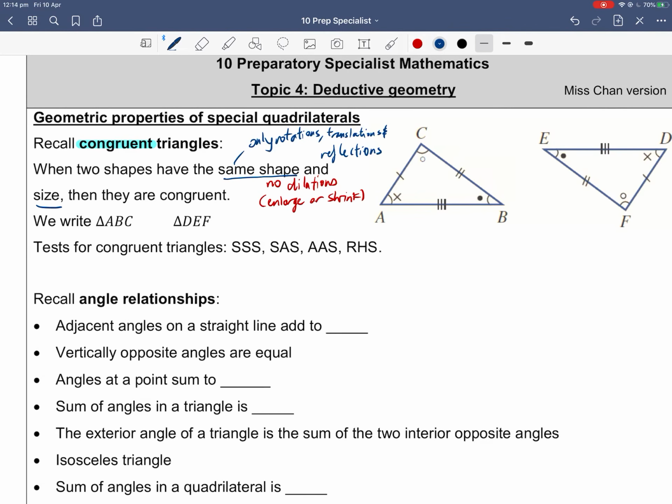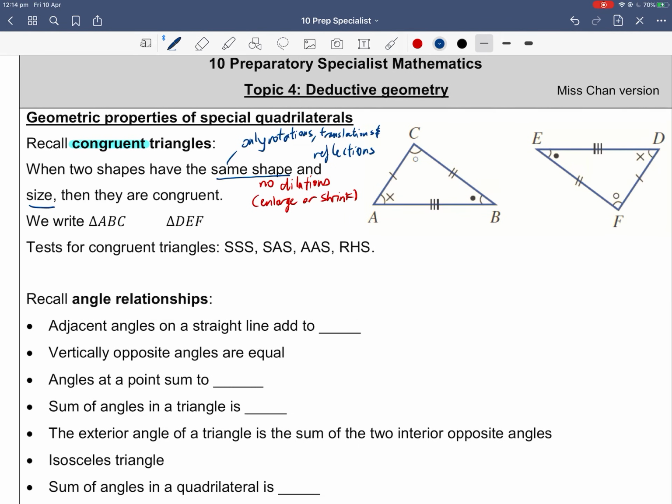In particular, we have two triangles here. Triangle ABC is congruent to DEF. The symbol for congruent is 3 lines across. There are 4 ways to test for congruent triangles. Number 1 is side, side, side. So if you can show that all 3 sides are the same, then they're congruent triangles.